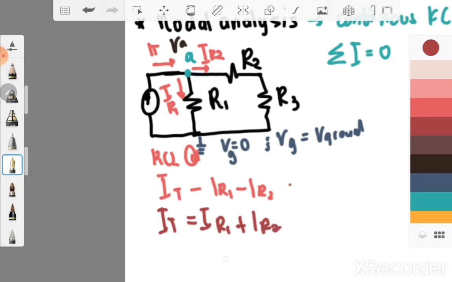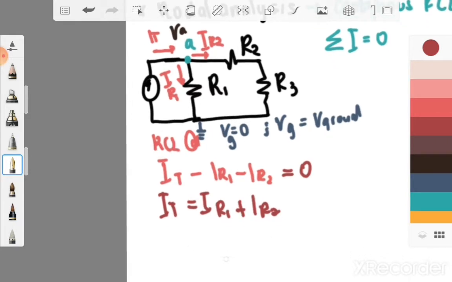Take note, we had an equal 0 earlier, because your KCL is based on the law of conservation of charges. So we have IT is equal to IR1 plus IR2. But what are our IR1 and our IR2?